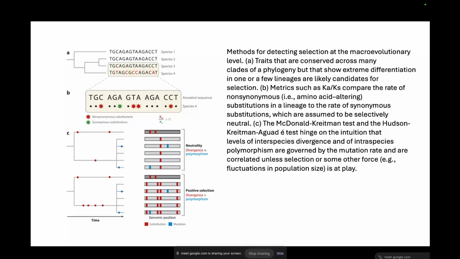So generally, these are different methods for determining macroevolutionary selection, right? This is one part of the genome across four species, and you can see that species 3 and species 4 differ in the nucleotides quite a bit.